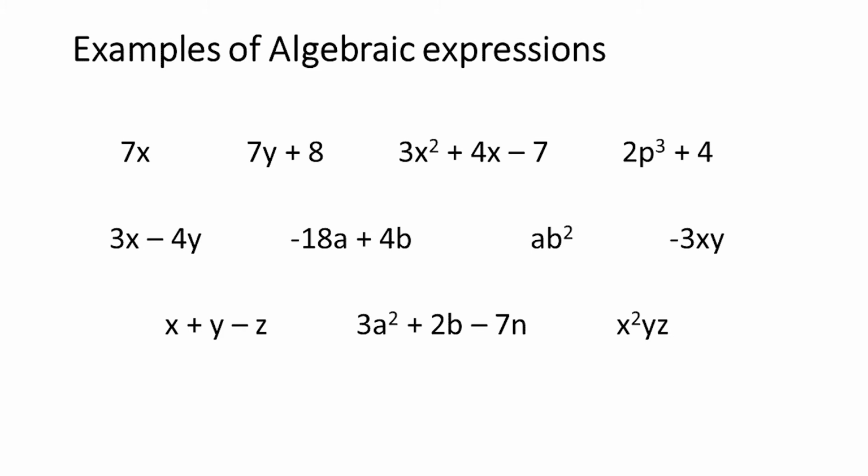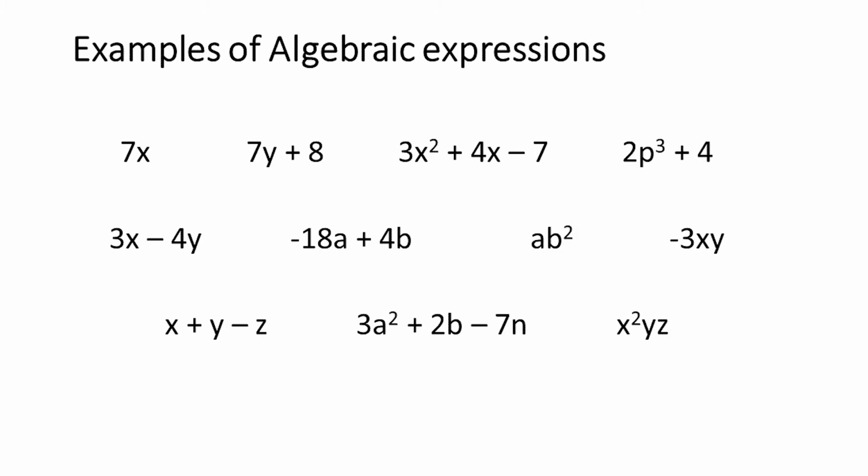The other one, 7y plus 8, has 2 parts. The third one, 3x square plus 4x minus 7, is made up of 3 parts. Each part is called a term. Henceforth, I will be using the word term.